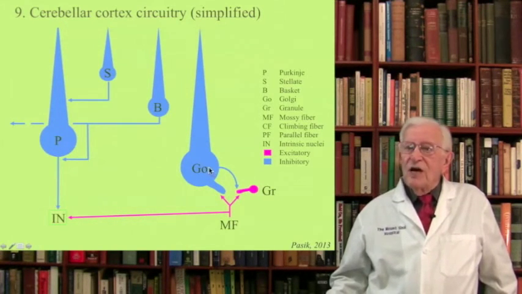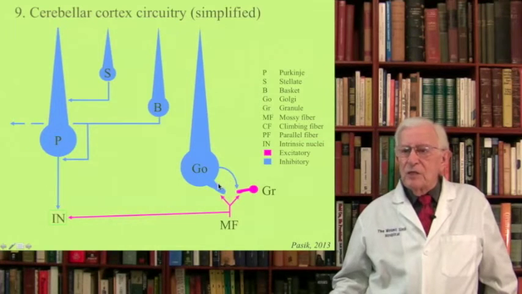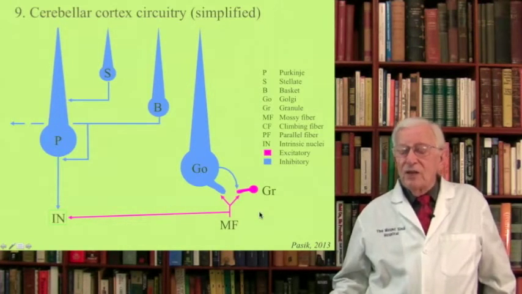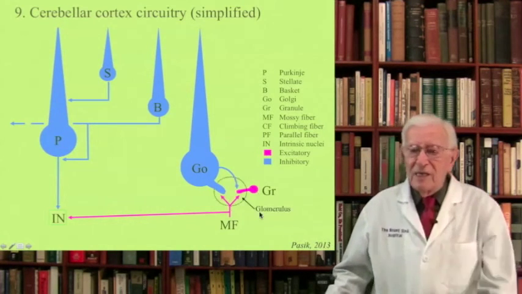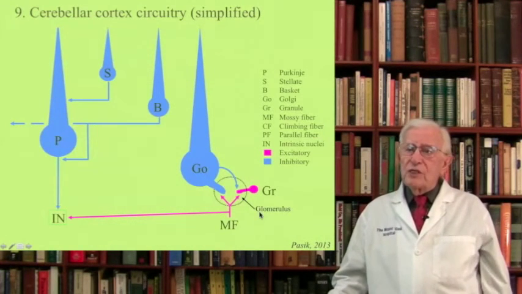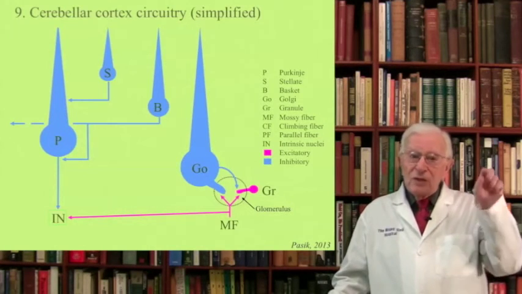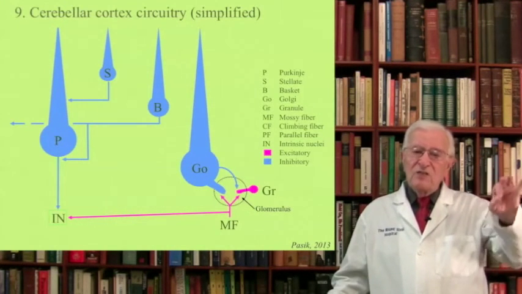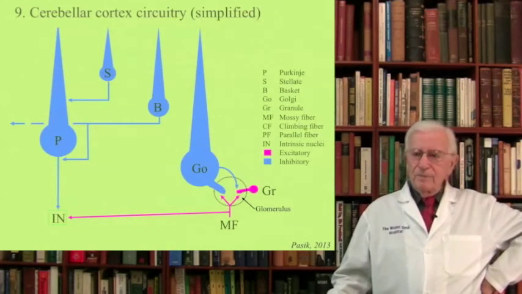But here you have the gadgetry that the Golgi cell has a short axon that in turn inhibits the granule cell. So it gives rise to a complex synaptic arrangement that is enveloped by glia, and that's what's called the cerebellar glomerulus, and that's what the other slide showed as spaces within the granule cell layer.